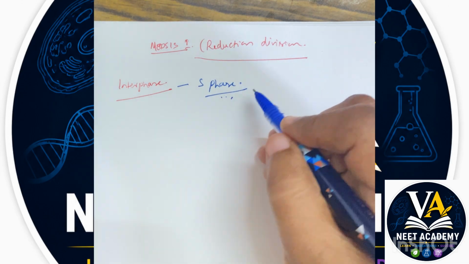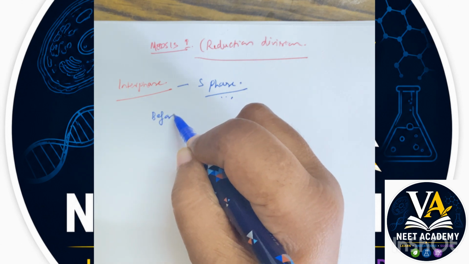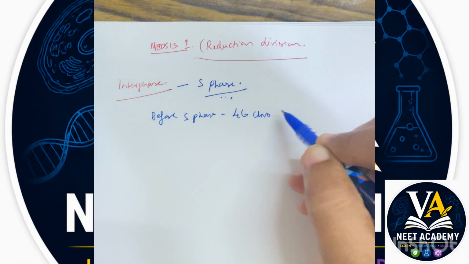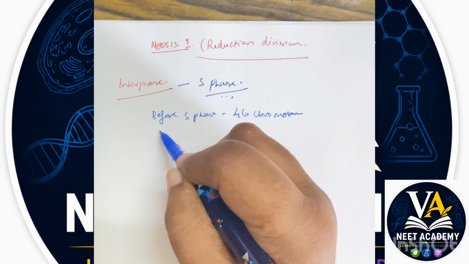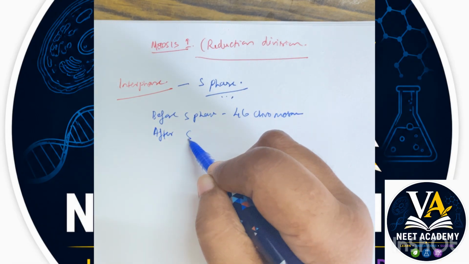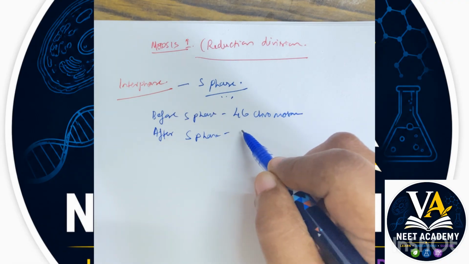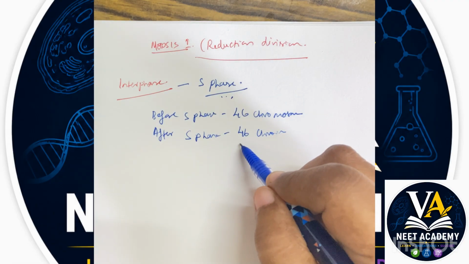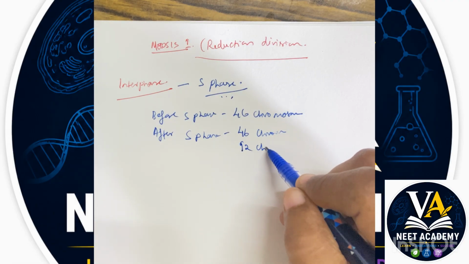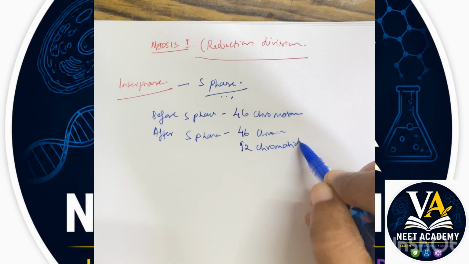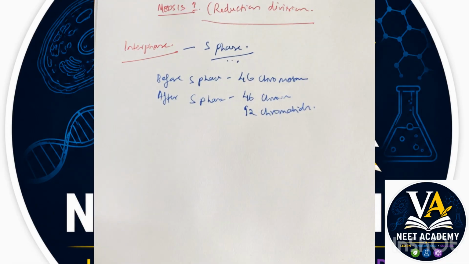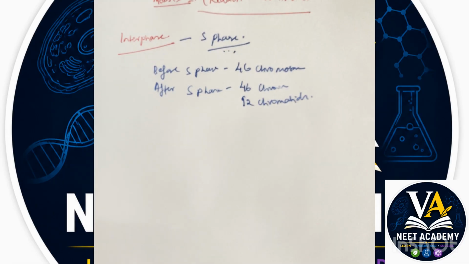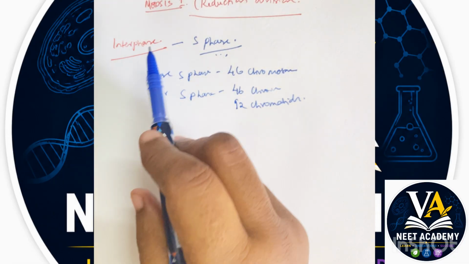Before S phase, if there are 46 chromosomes, after S phase we have the same 46 chromosomes, but 92 chromatids. So the DNA molecule is being doubled. This happens before the start of meiosis I, that is during the interphase stage.